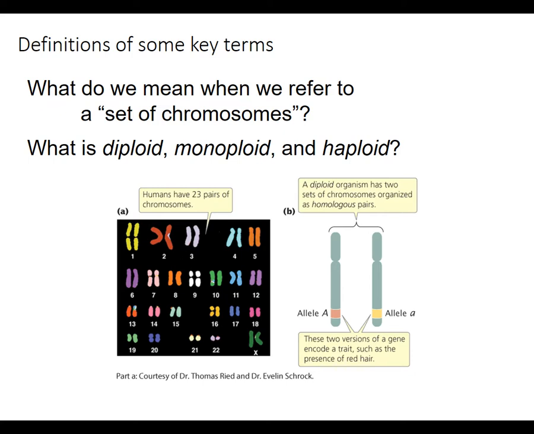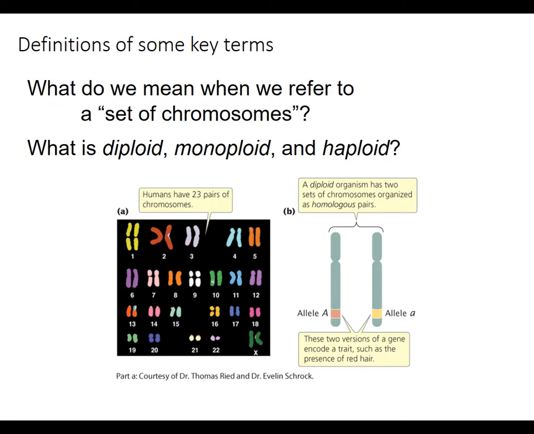The other set, which is also in this cell, would be made up of the other copy of chromosome 1 and the other copy of chromosome 2 and the other copy of chromosome 3 and the other copy of chromosome 4, etc., etc., all the way up to the other copy of X. That would be the second set.